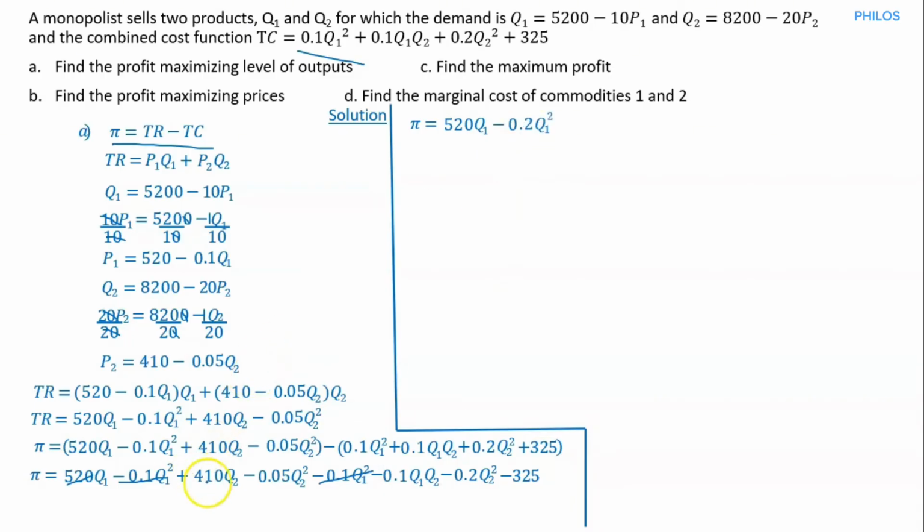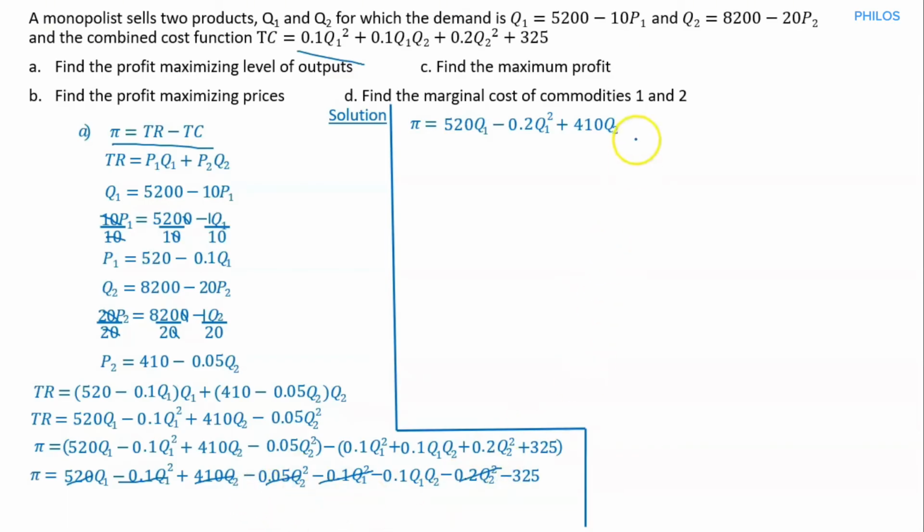Okay. Then we have 410 Q2. Is there anything having Q2 only without any other? No. So write plus 410 Q2. Okay. So this is also gone. Let's say minus 0.05 Q2 square minus 0.2 Q2 square. This and this, we can easily subtract them.